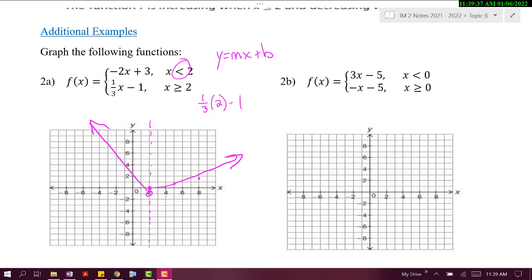Now our boundary line is going to be our y-axis at 0. So this will be for the left side, and this will be for the right side of our y-axis. Now 3x minus 5. Since it's not really included when x equals 0, we're going to have an open circle there.